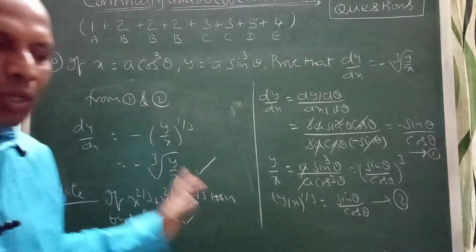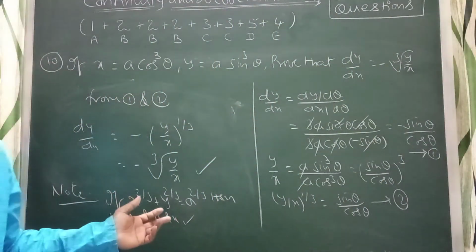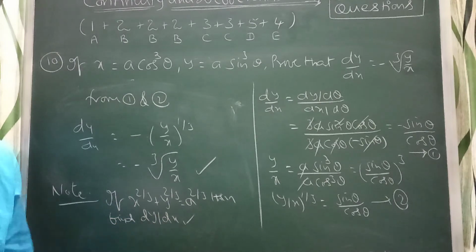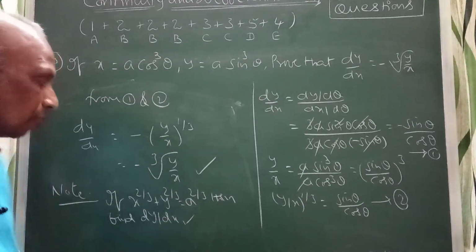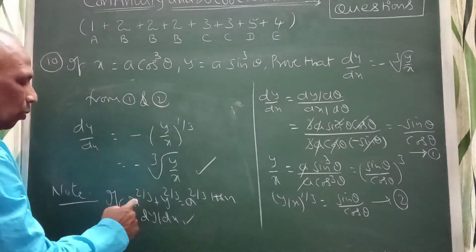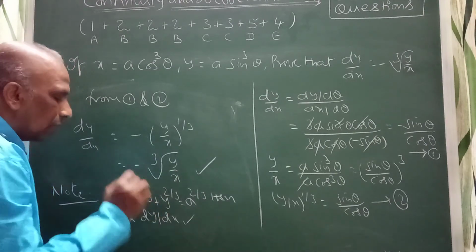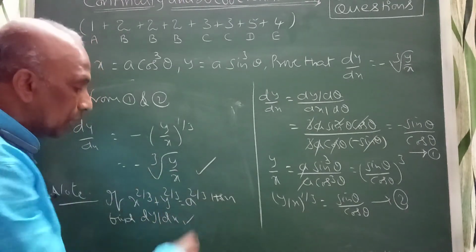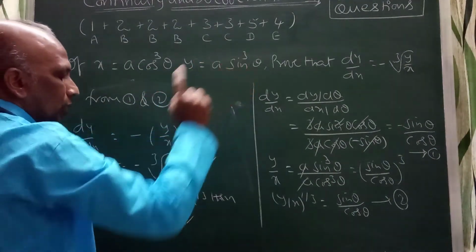So the concept is, if they ask this one, we can do it that way. If they give this problem, we can also solve it this way. Sometimes if they give, note, if x power 2 by 3 plus y power 2 by 3 equals a power 2 by 3, then find dy by dx, here you can consider x equal to a cos cube theta, y equal to a sin cube theta.